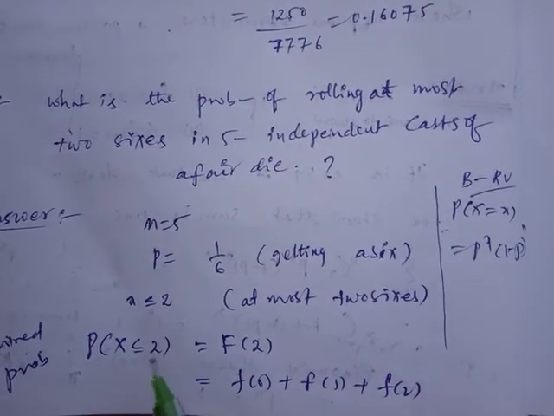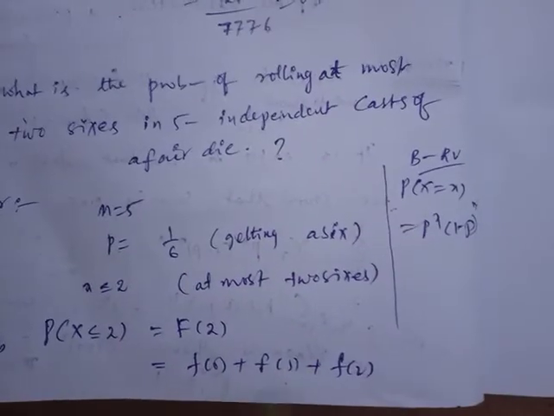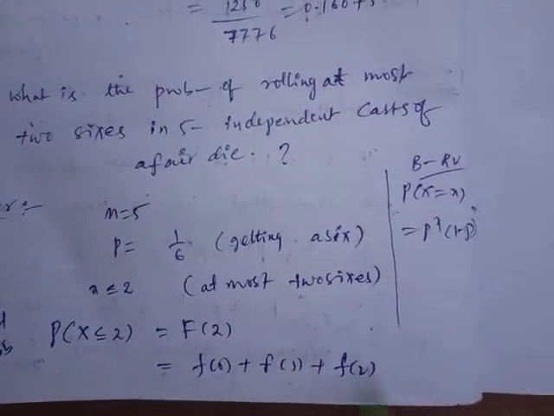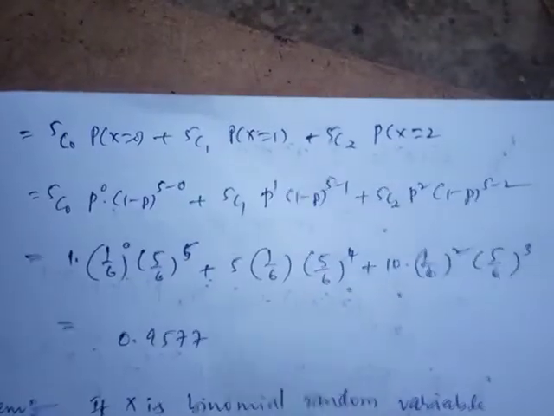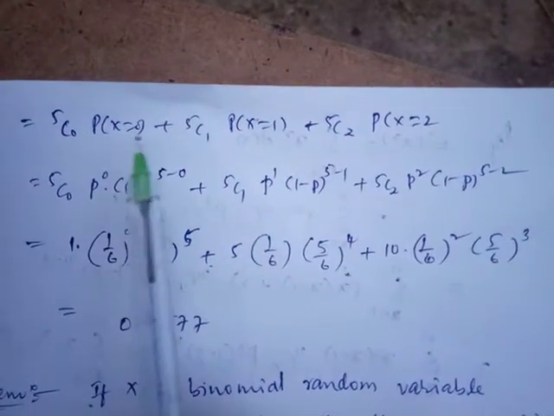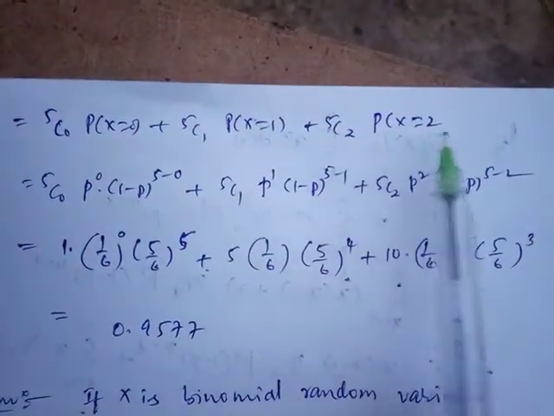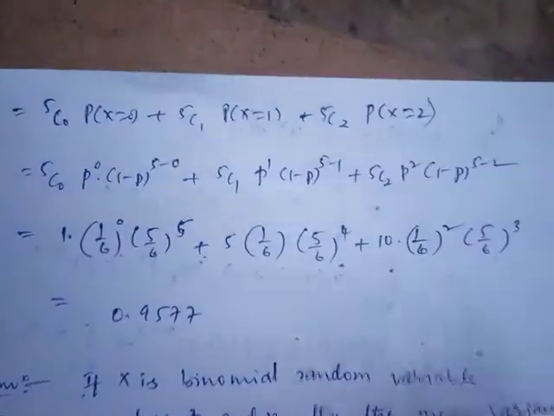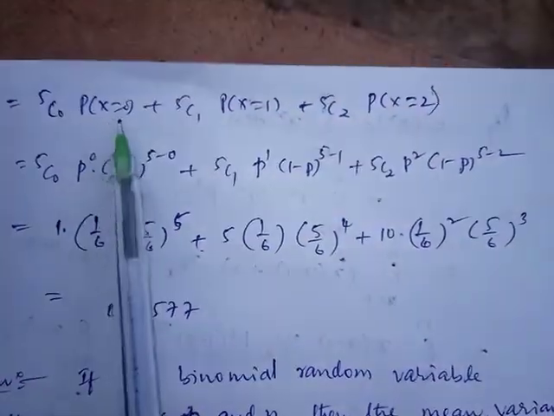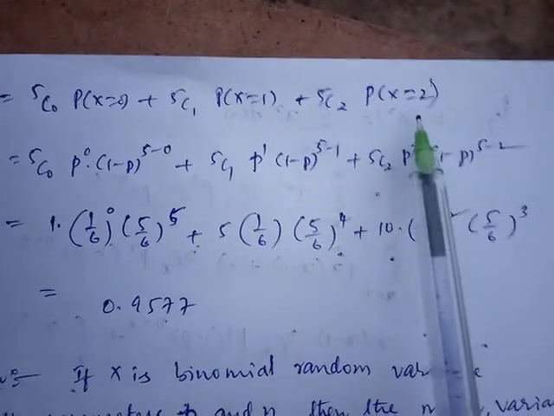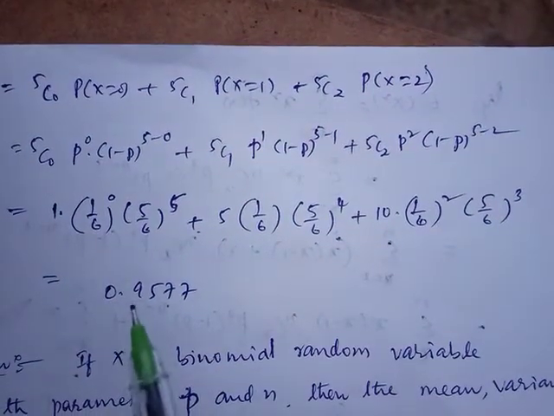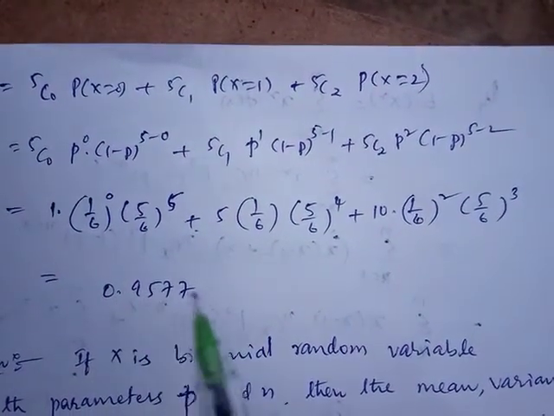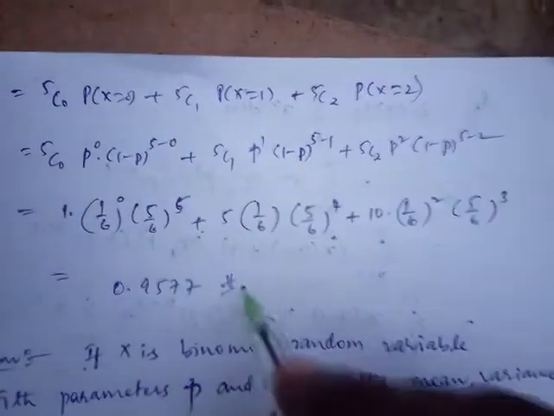The possibilities are x equal to 0, x equal to 1, x equal to 2, so we add these three terms: 5C0 p(x=0), 5C1 p(x=1), 5C2 p(x=2). Substitute these three values and we get 0.9577.